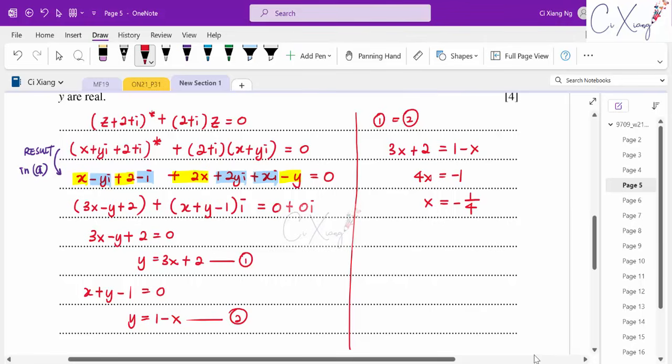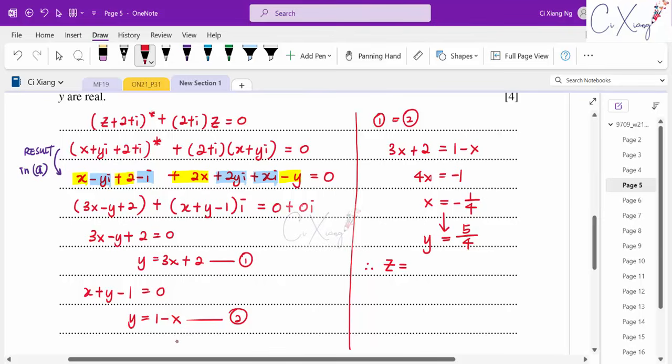Of course, you need to substitute it into the equation, and by right, you should be able to get the value of y. You can substitute x into any equation here, either number 1 or number 2. If you substitute without careless mistakes, your answer for y should be equals to 5 over 4. So this is how I get the value of z.